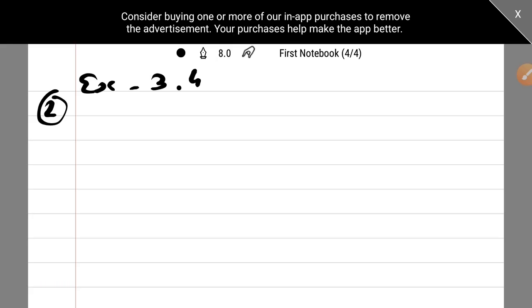The classes are distance traveled in kilometers, so I'll be writing classes.